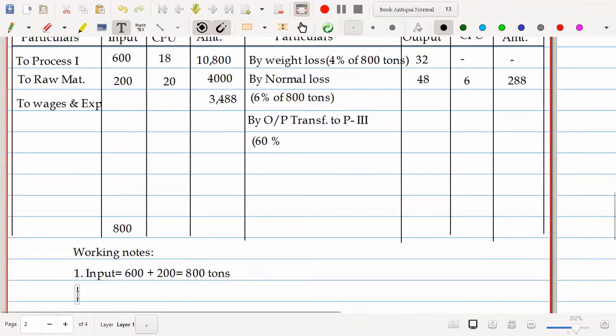And the second working note is normal output or actual output, because there is no abnormal loss or gain. So I'm directly taking normal output or actual output.